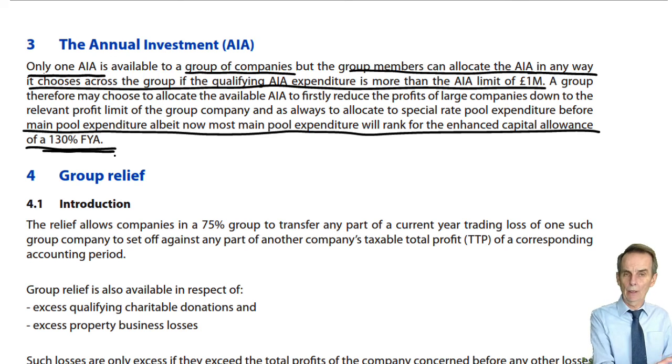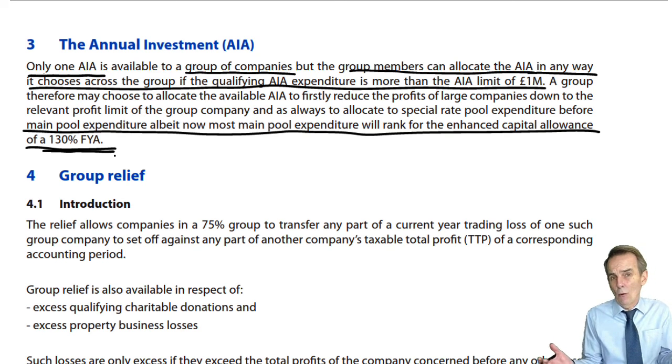Obviously not cars in that particular context. But the special rate pool expenditure, other than second-hand normal plant and machinery, is now going to be the only item in terms of the availability of AIA.